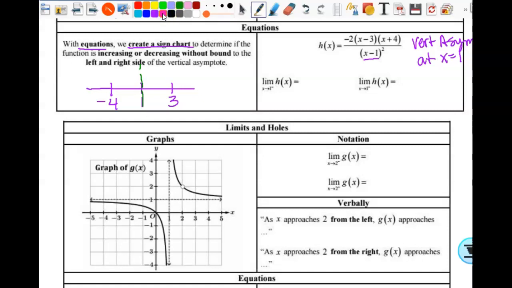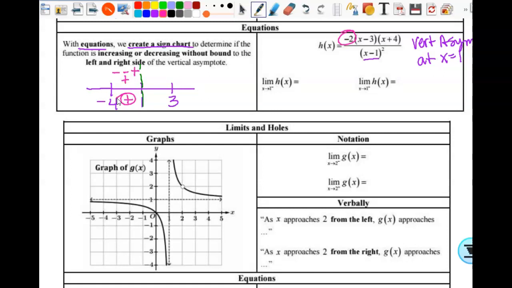Okay, so between negative 4 and 1, I can use 0. I need to pay attention to this guy. Even though there's not an x on it, that sign definitely affects the sign of the outcome. So that's a negative. When I substitute in 0, the next two things in the numerator are negative and positive. The denominator gets squared, so it's positive always, which means this is positive overall.